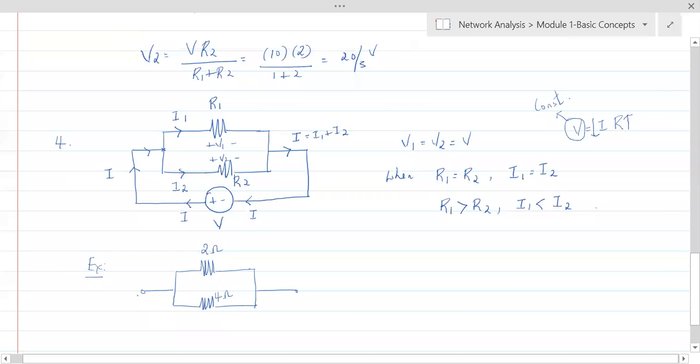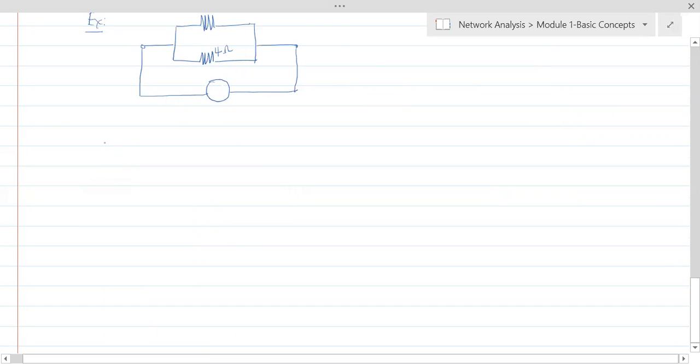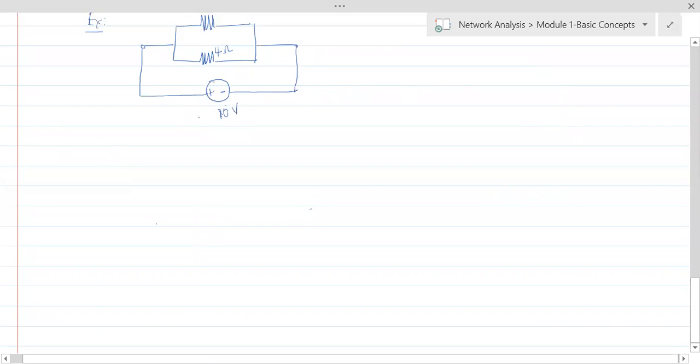And let's apply a voltage source. Let's say plus and minus, and the voltage applied is 10 volts.